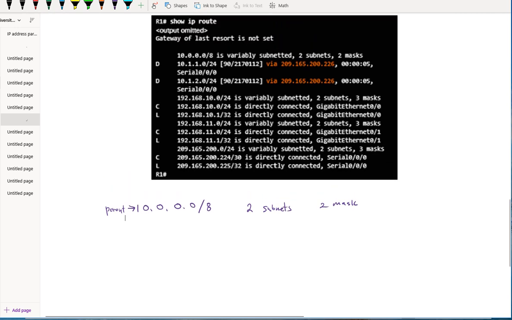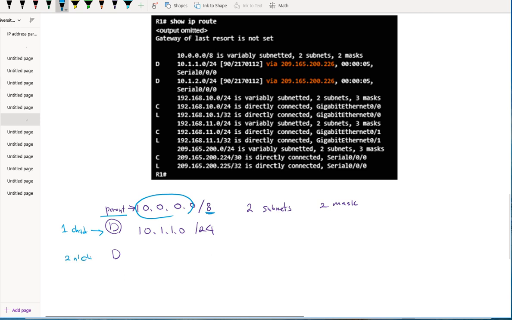Which is the D, and then D. D means dynamic routing protocol. Basically this R1 learns through the dynamic routing protocol that if the destination is 10.1.1.0/24, and by the way, this is the first child. This is a parent, 10.0.0.0, and then /8 is a subnet mask. And this is the first child, and this is the second child.